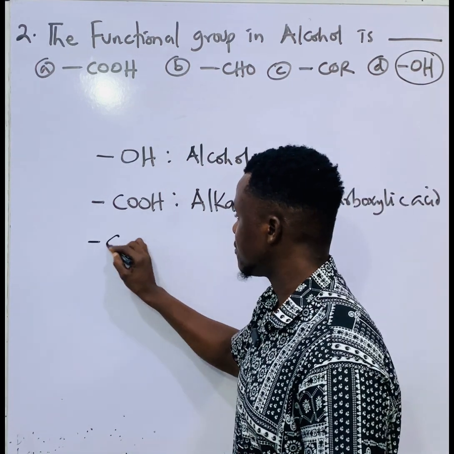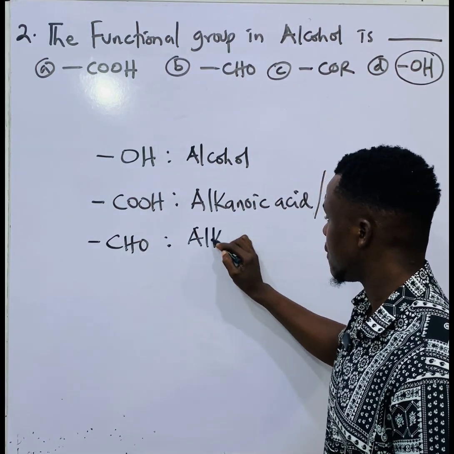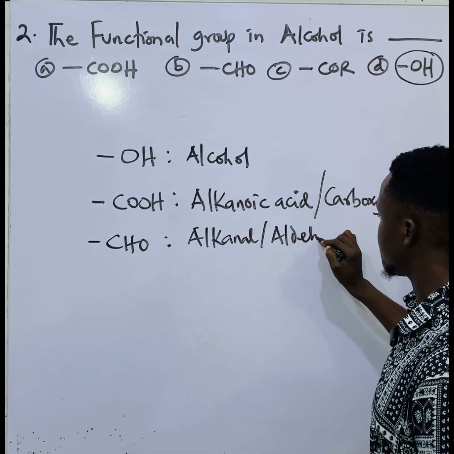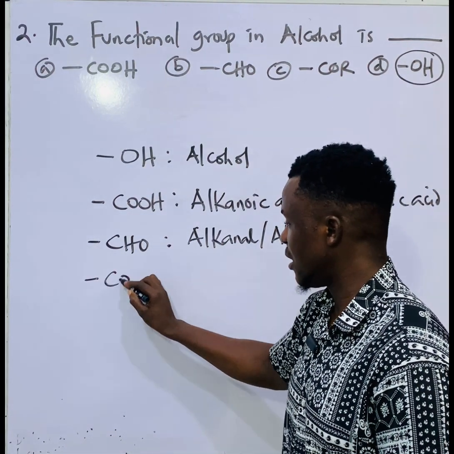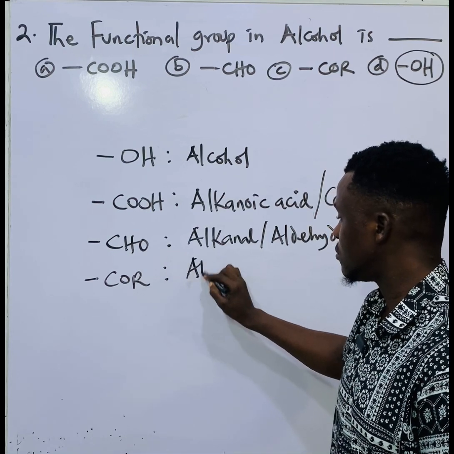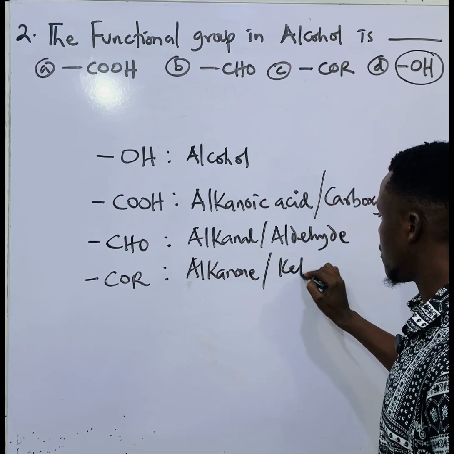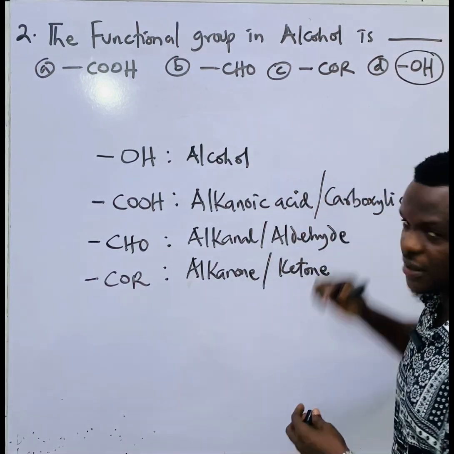We have this, which is alkanal, also known as aldehydes. Then we have the last one, which is a ketone. This is alkanone, or a ketone. So the answer to this question is D.